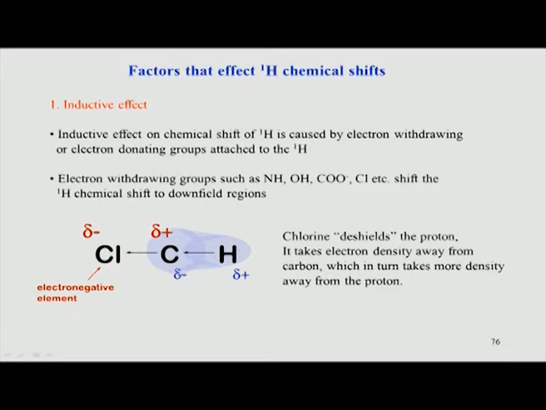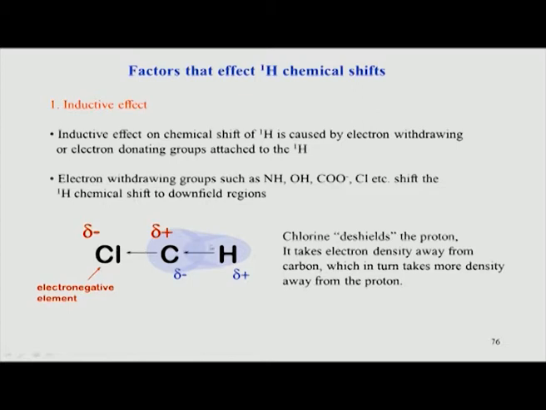For example, here you see a carbon is more electropositive compared to chlorine, which is electronegative, and therefore the electron cloud density around this carbon is less dense because it has been attracted towards the chlorine. Now, the electron cloud around this hydrogen also gets pulled towards this chlorine.